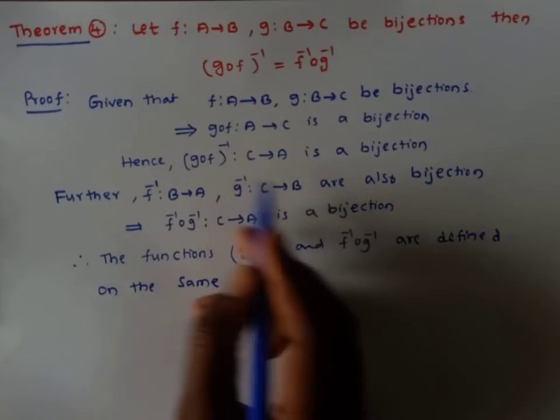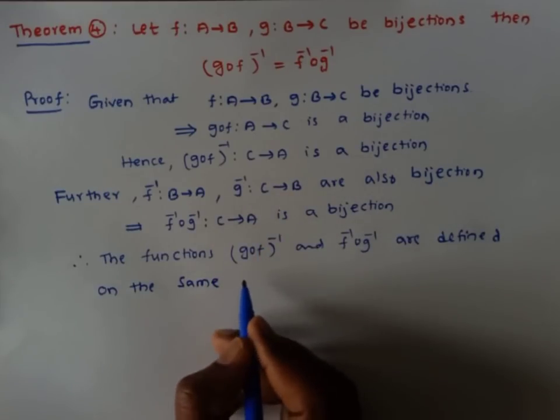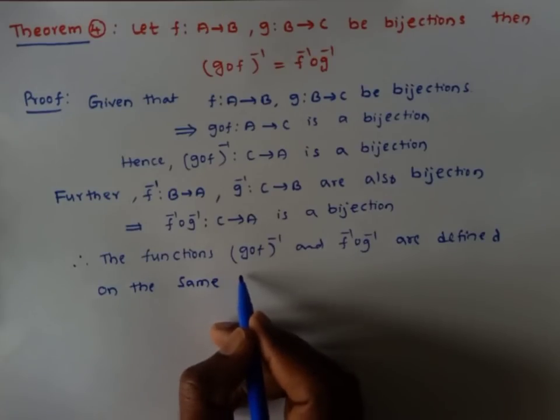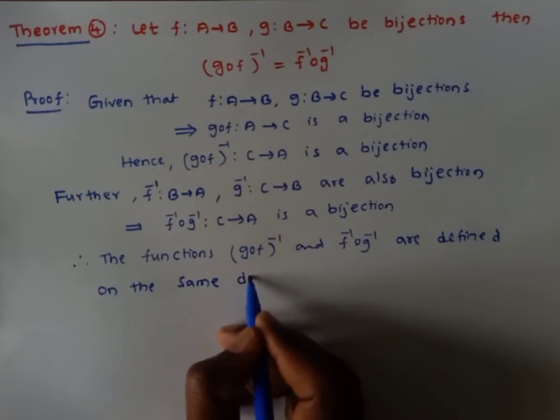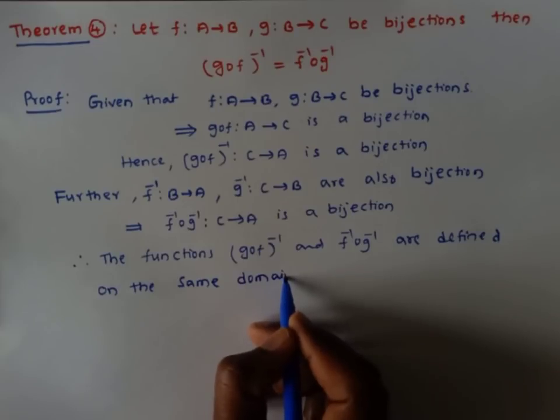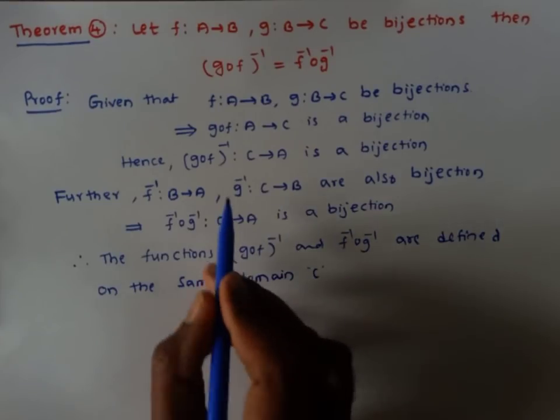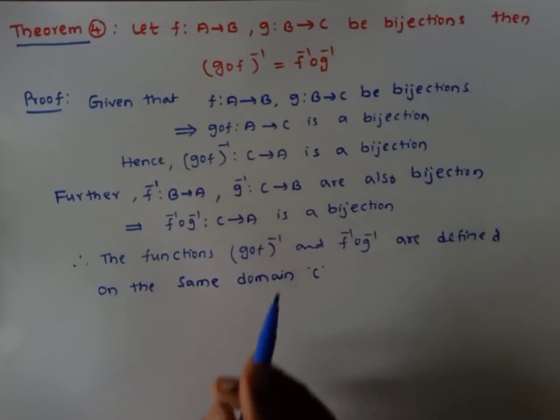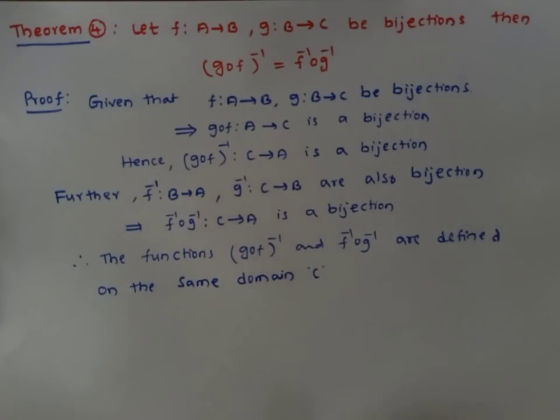Since they are defined from C to A, both are defined from C to A. So both the functions are defined on the same domain, that is C. Domain means input value. Here for this function input is C, for this function input is C. So that's why they are defined on the same domain.